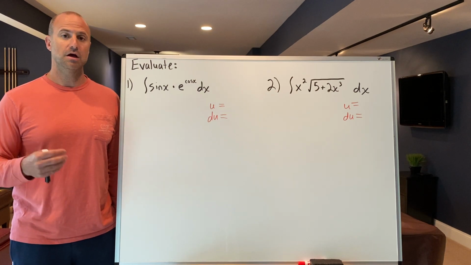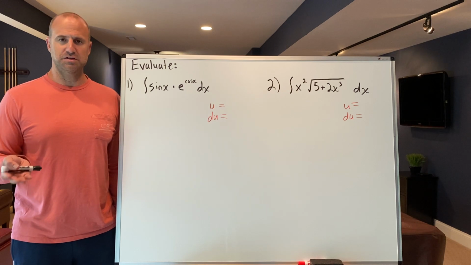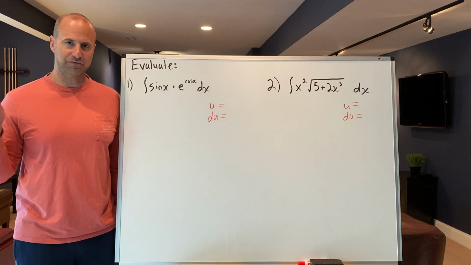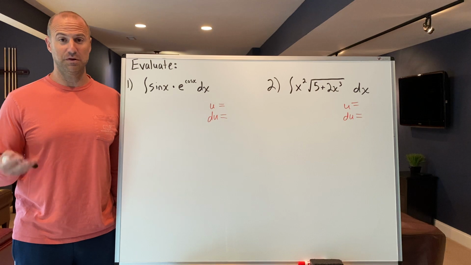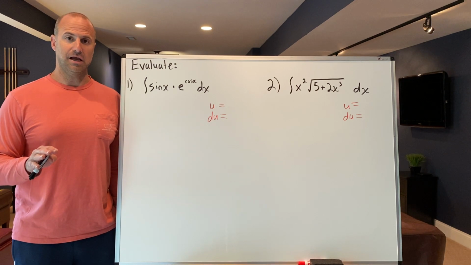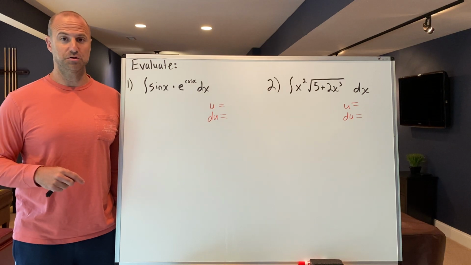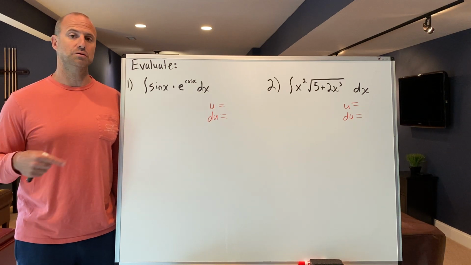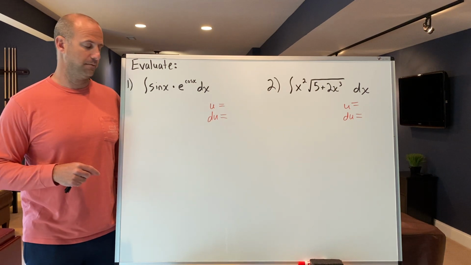What do you do if it's a chain rule problem that you have to think of in reverse? That's what this is about. I'm going to show you the technique, and then I'm going to have you try a few, and I think you'll find the more you do, the more you get the hang of it, okay?